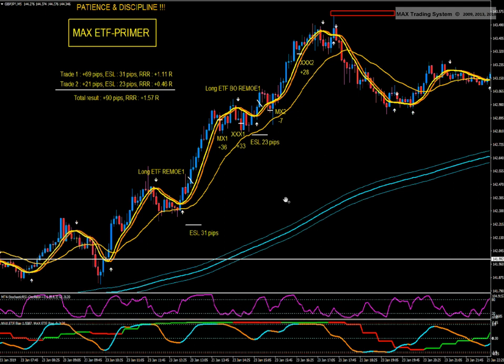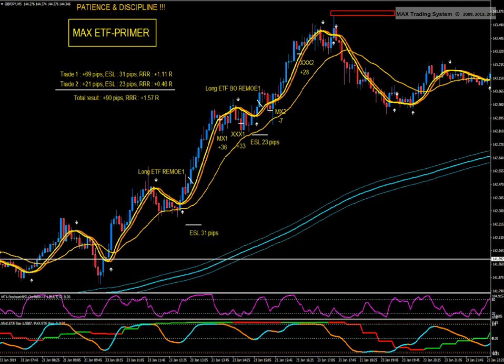And so what is an entry setup? In fact, here, where I have that small angled white line, this represents an entry for a long trade. The entry is called an ETF REMO. Mo means momentum entry. This corresponds to a specific pattern the price is making.